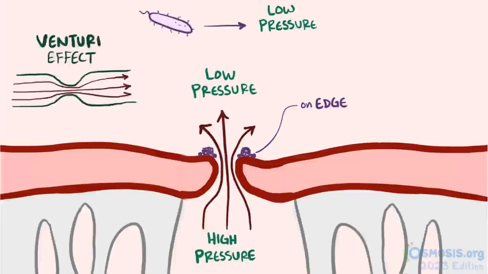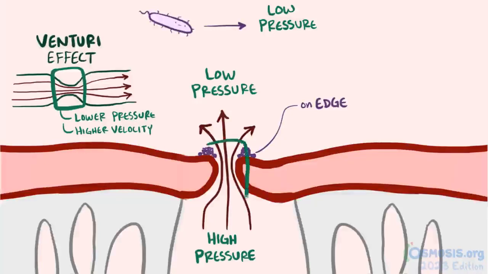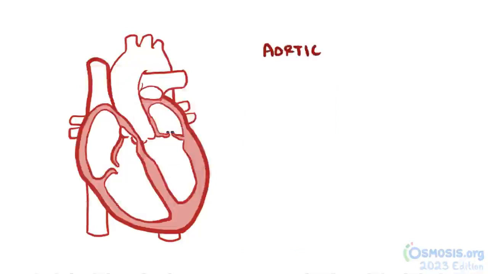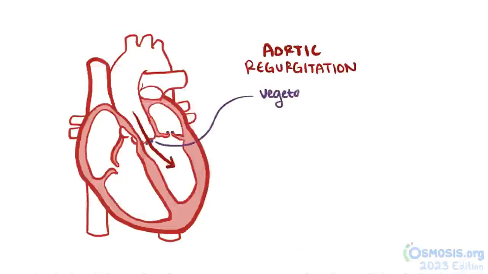The Venturi effect describes how fluid pressure decreases as it flows through a narrowed opening, while its velocity increases. So as blood forces its way through the opening, the pressure is lower near the edges. If the person had aortic regurgitation, meaning blood's going from the higher pressure aorta to the lower pressure ventricle, then vegetations would tend to be located on the lower pressure ventricular surface of the valve.